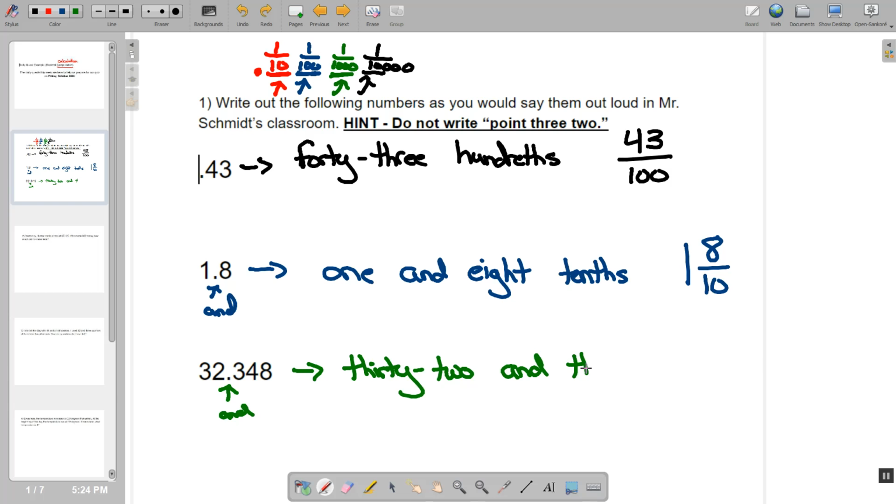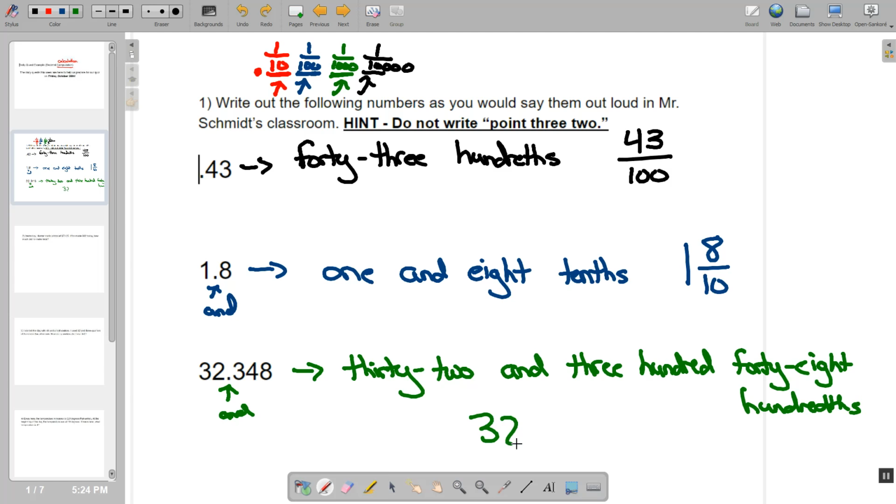So this would be 348 thousandths, which can be written as the mixed number of 32 and 348 thousandths. So there you go. We have the fraction form and the word form for these three decimals.